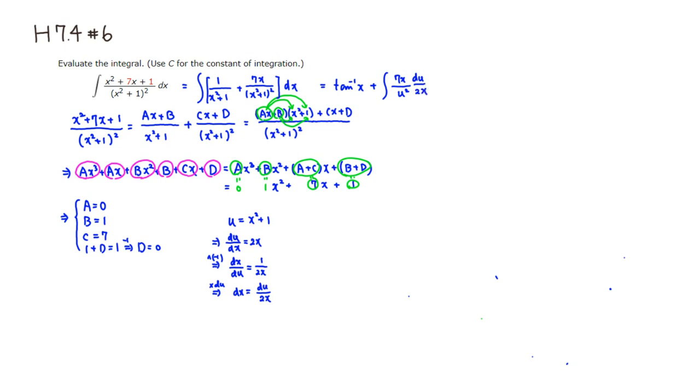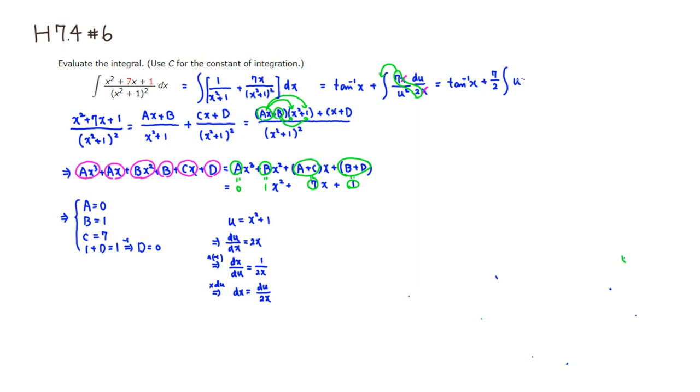Now we can clean this up. The x cancels out. Then we can place a 7 over 2 in front. The arctangent is already finished. Then we have a constant multiple, 7 over 2, outside. Then it's 1 over u squared.